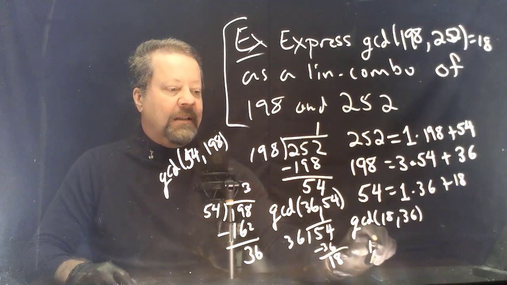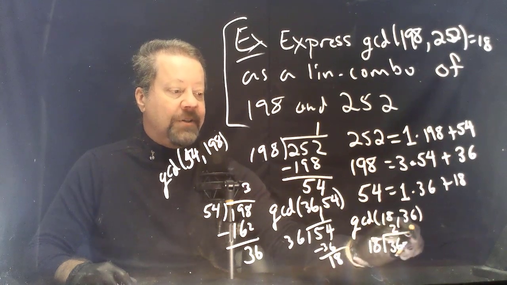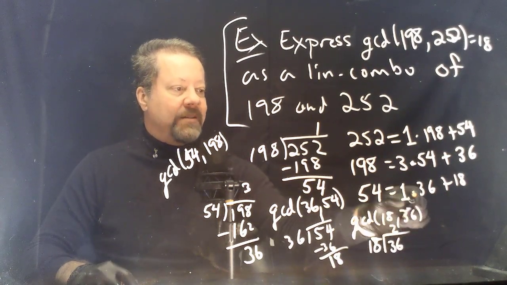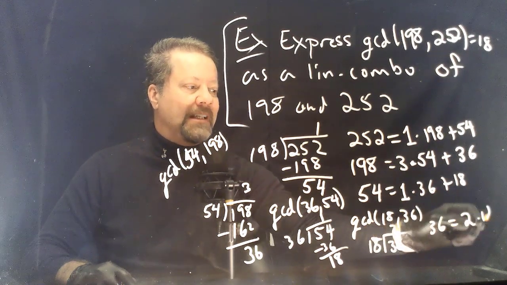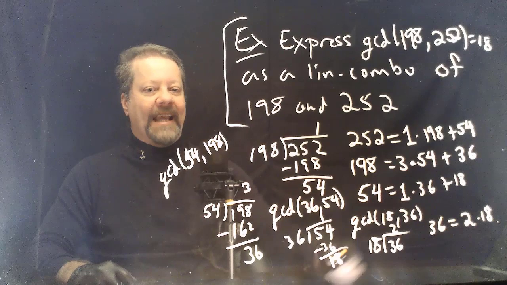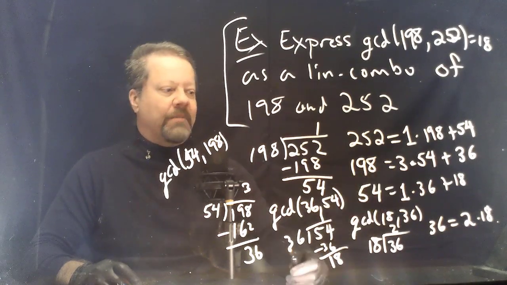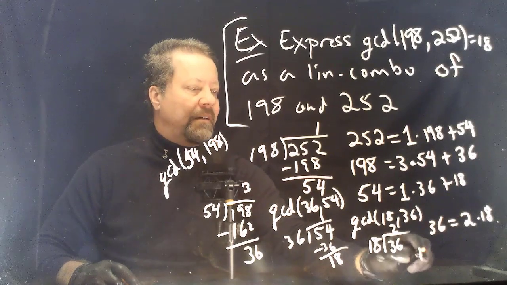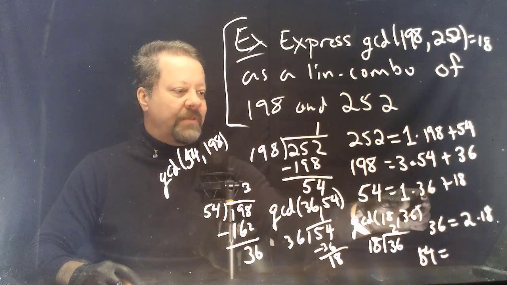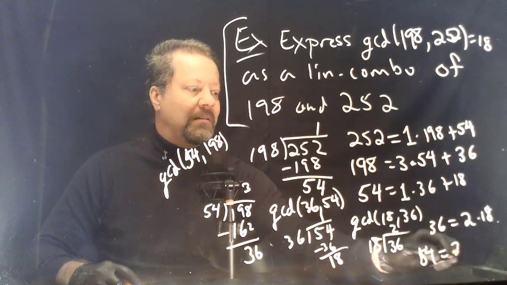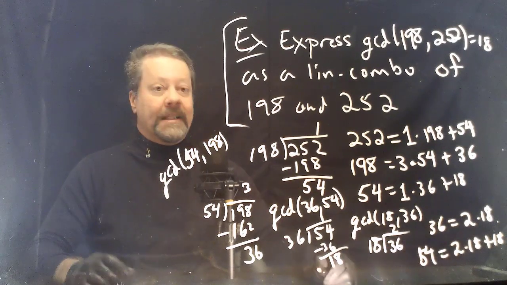Well, 18 goes into 36 twice with a remainder of 0, which means 36 is 2 times 18. Now 18 can be factored out of everything in sight by making the substitution back in. We get 54 is 1 times 36, which is 2 times 18. So that's 3 times 18.